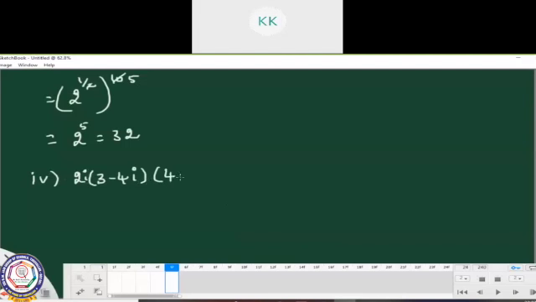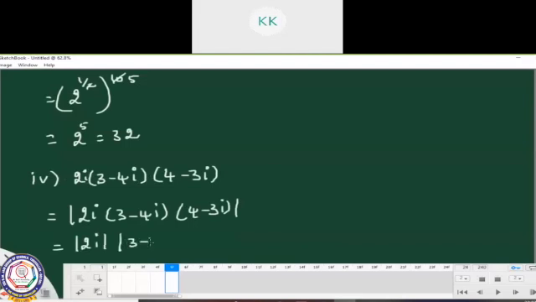You can take it as a modulus. So modulus of 2i into 3 minus 4i into 4 minus 3i. You can take it as separate moduli: modulus of 2i, modulus of 3 minus 4i, modulus of 4 minus 3i.